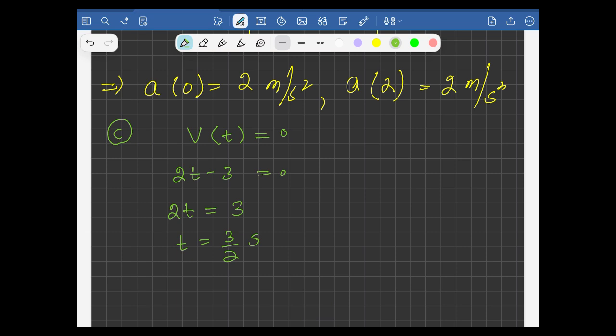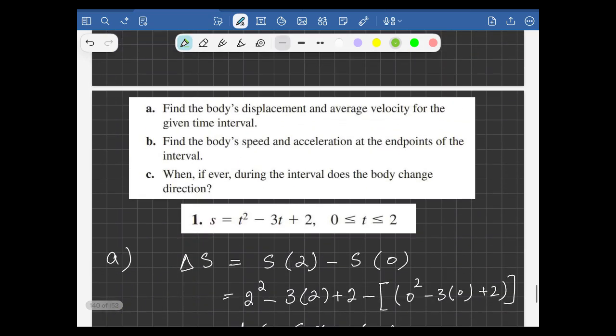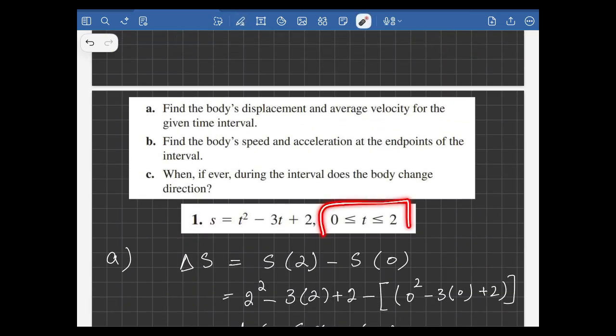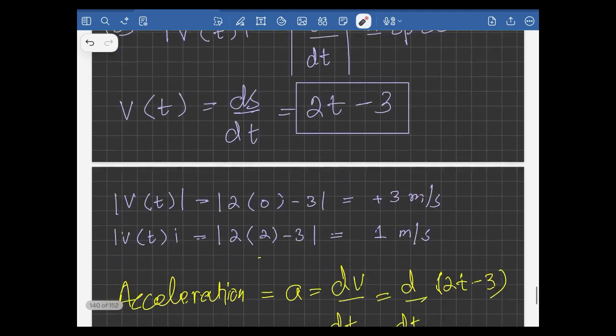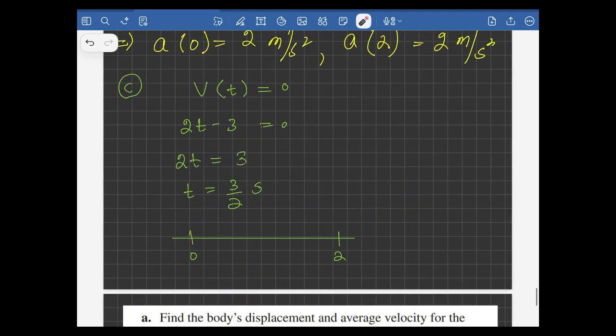Next, let's suppose this is our time interval, moving from 0 to 2 as given in the question. In this time interval, we need to see whether t equals 3 by 2 exists between these two points or not. Yes, 1.5 is between 0 and 2.